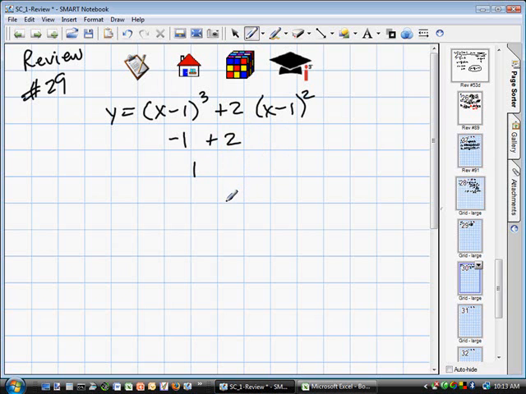Okay? But it's not going to be as easy finding the x-intercept. So this is the y-intercept. In other words, we now know that this point is on our graph. But what about the x-intercept? Now we got to set y equal to 0 and see if we can solve for x.